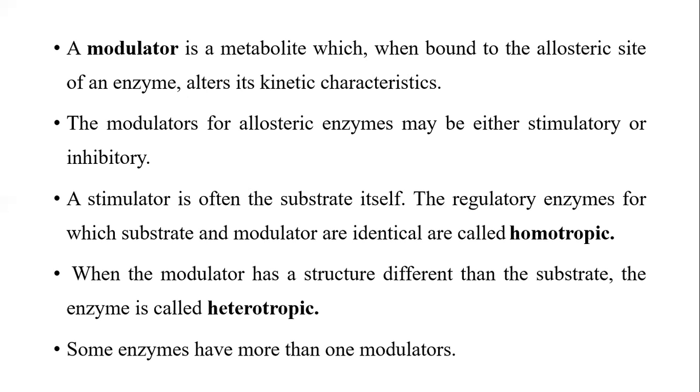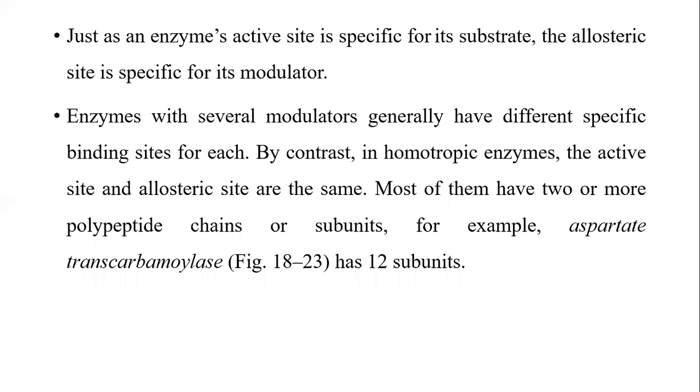Some enzymes can have more than one modulator, and enzymes with several modulators generally have a specific binding site. In contrast, in homotropic enzymes, the active site and the allosteric site are the same.